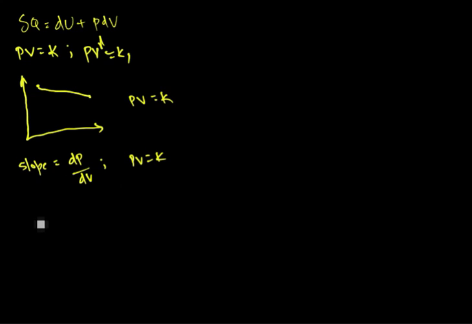If you differentiate this equation, PV is equal to K, we get P into dV plus V into dP is equal to 0. So rearranging this, dP by dV will be equal to minus P by V.